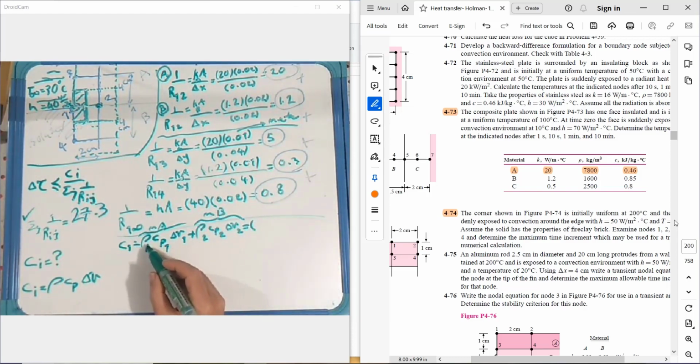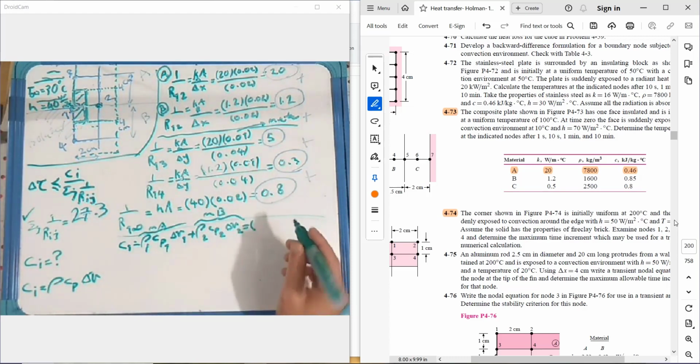So what is rho 1 for material A? In the table, rho is 7,800. Multiply by Cp. What is Cp of that? 0.46, is it true?